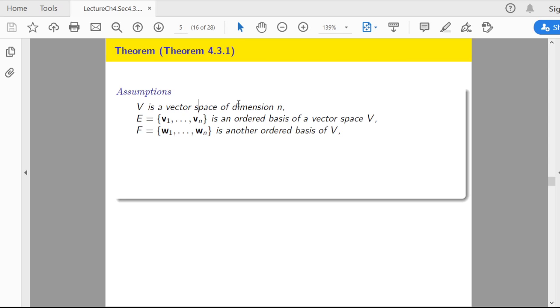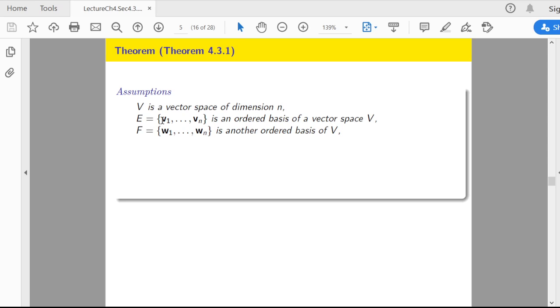Let's look at Theorem 4.3.1. Here we assume V is a vector space of dimension n. When we have this assumption, we can say it has a basis. The basis should have n linearly independent vectors.